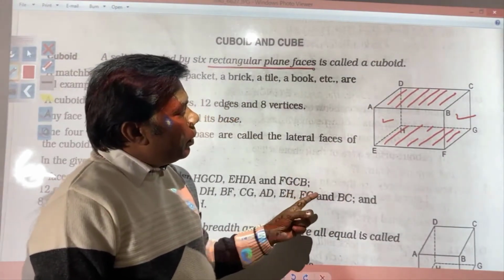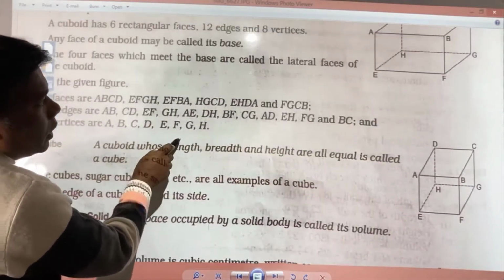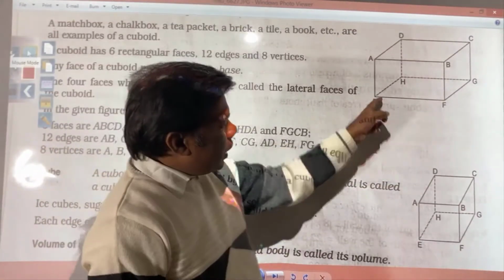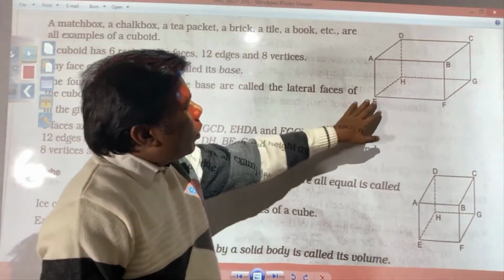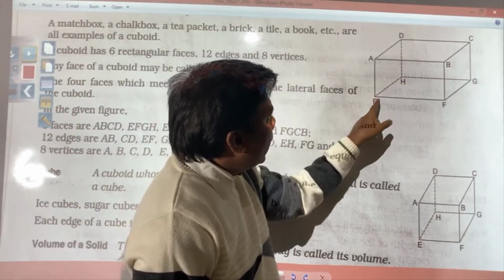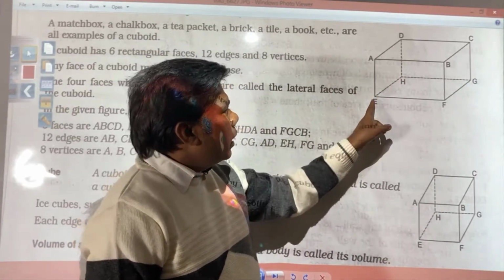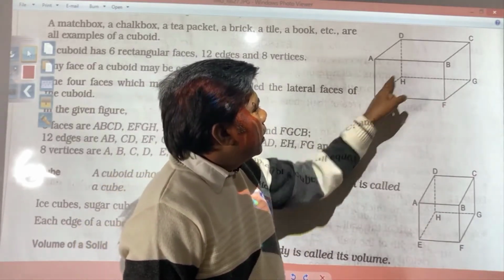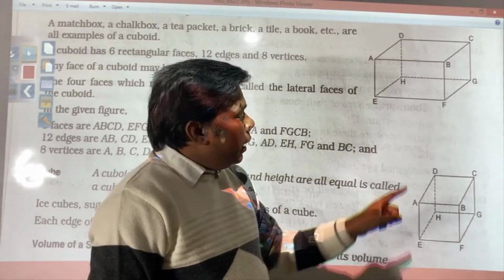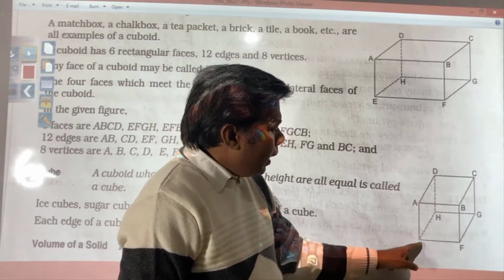What is the difference between cube and cuboid? Here you see, suppose this is a cuboid and this is a cube. In a cuboid, suppose this is length, this is breadth and this is height. 3 dimensions are there: length, breadth and height. Here also the same thing you have, length, breadth and height.